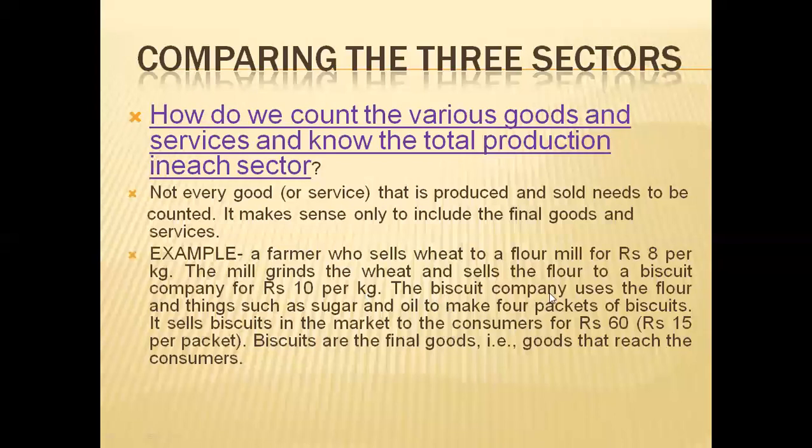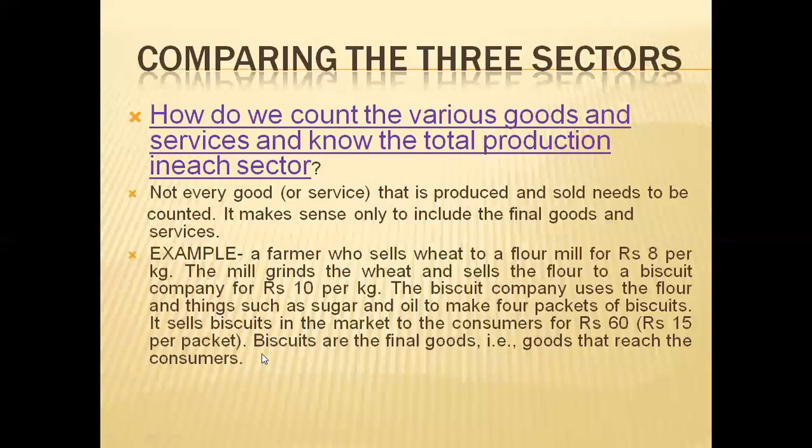Further, the biscuit company uses the flour, along with things like sugar and oil, to make 4 packets of biscuits and sells these biscuits in the market to the consumers for rupees 60, meaning the price of 4 packets is 60 and per packet is rupees 15. Here biscuits are the final goods, the goods that reach the consumers.